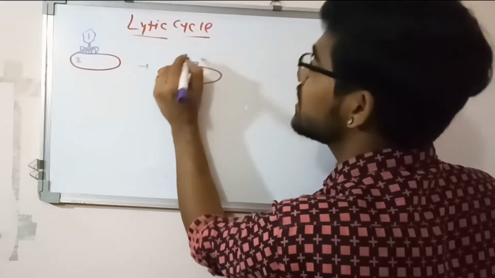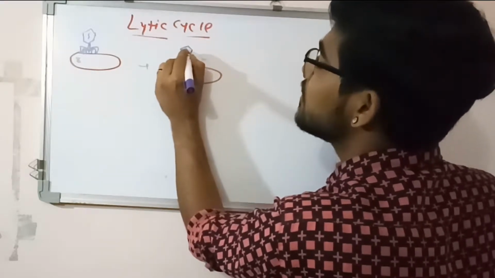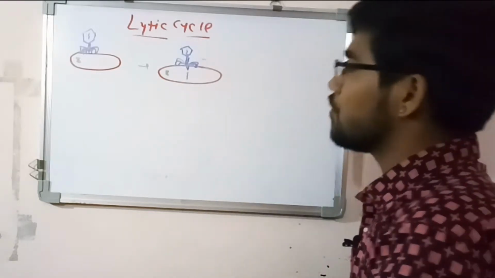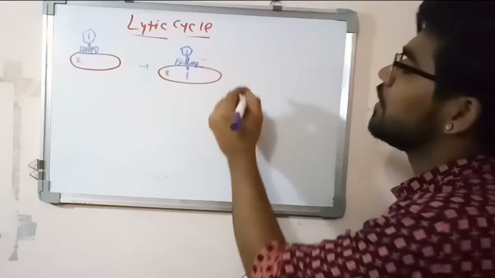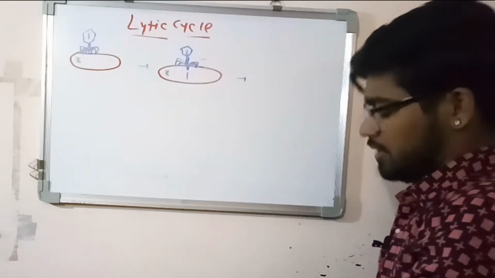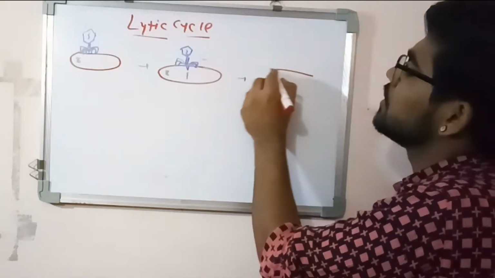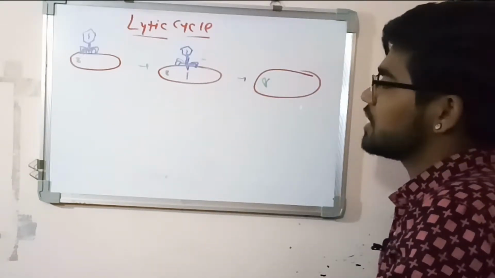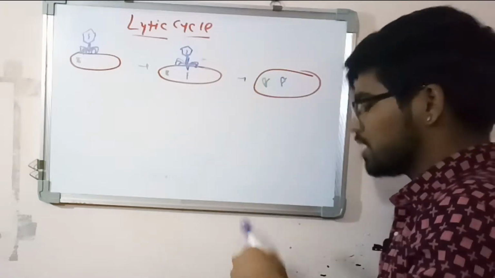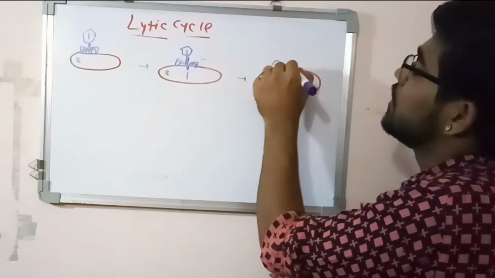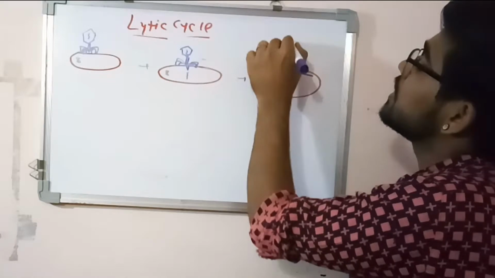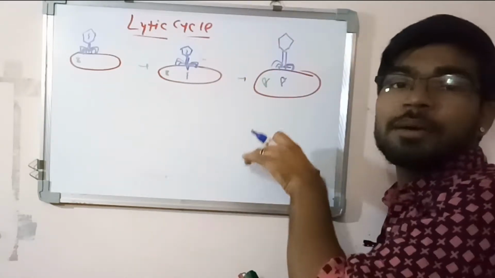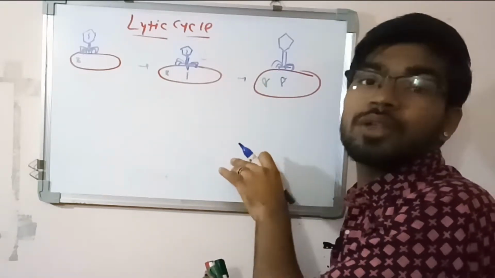The sheath is contracted and the phage genetic material goes into the bacterial cell. This is the bacterial genetic material, this is the phage genetic material, and here is the remaining phage, which is without genetic material, because only the phage genetic material penetrates into the bacterial cell, not the whole phage.